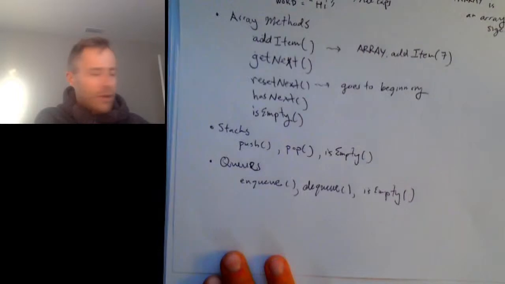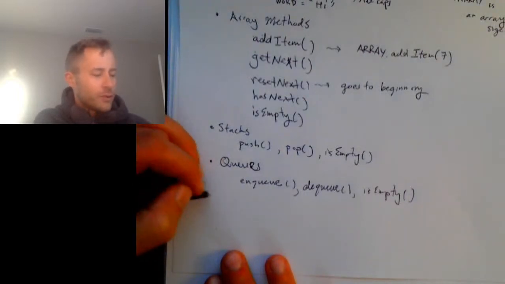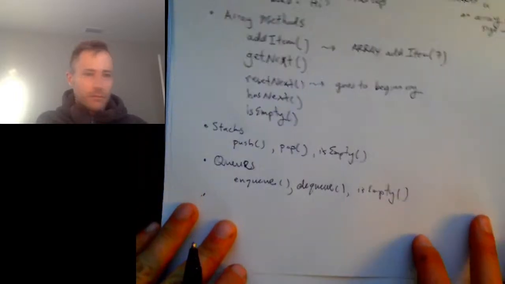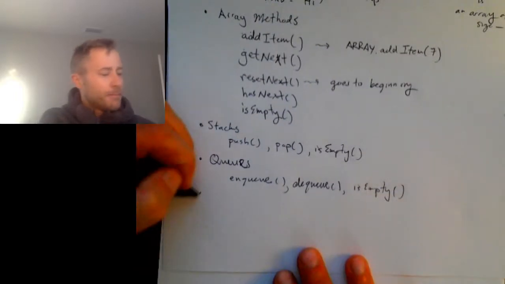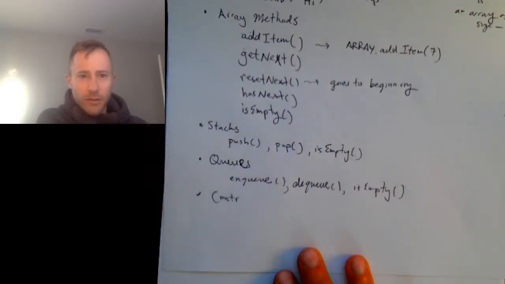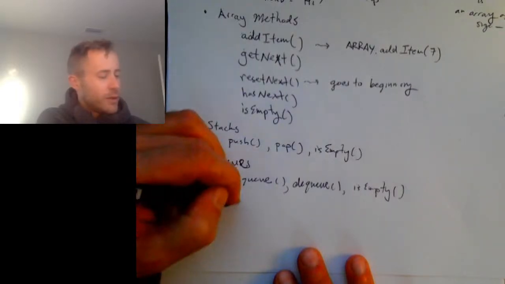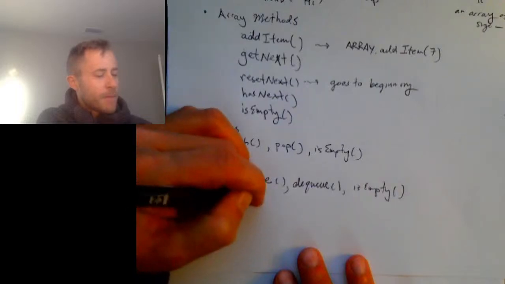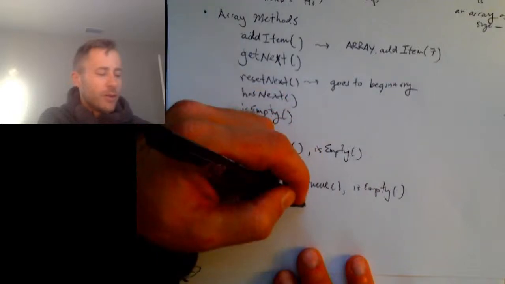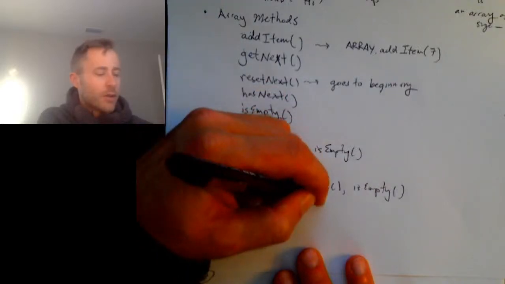So let's talk about control structures. When I say control structures, I mean if-else statements, loops, things of that nature. Your control structures are going to be written in lowercase.